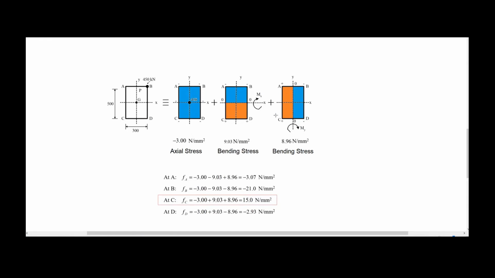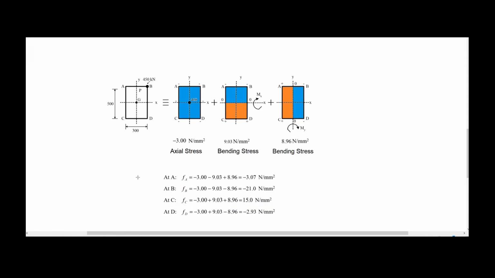And it's positive again for the moment regarding the axis Y, because this moment produces compression to the right and tension to the left. So this is the reason why we have a minus, plus, plus. Minus is blue, plus is orange for C. So the value is 15 Newton per square millimeter for this particular point.